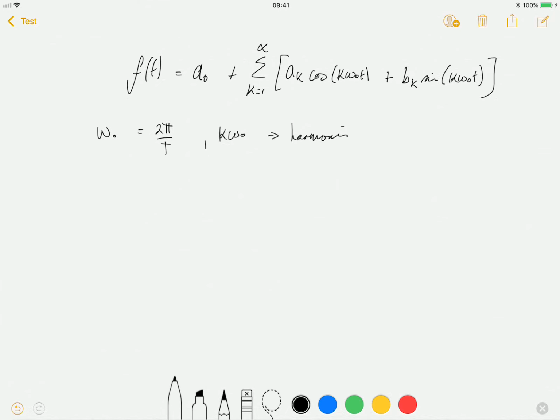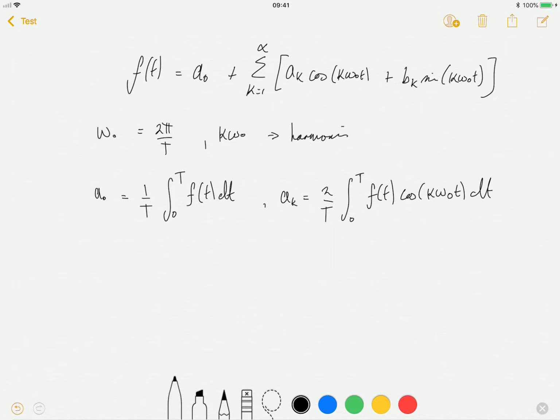The coefficients can be found as follows. a naught is equal to 1 over T multiplied by the integral from 0 to T of f of t dt. ak is equal to 2 over T multiplied by the integral from 0 to T of f of t cos k omega naught t dt, and bk is equal to 2 over T times the integral from 0 to T of f of t multiplied by, sorry, it's not cos, sine of k omega naught t dt, for k being 1 to infinity.